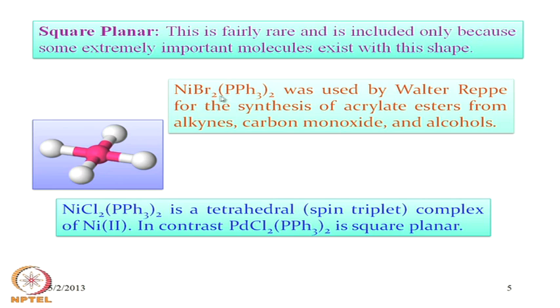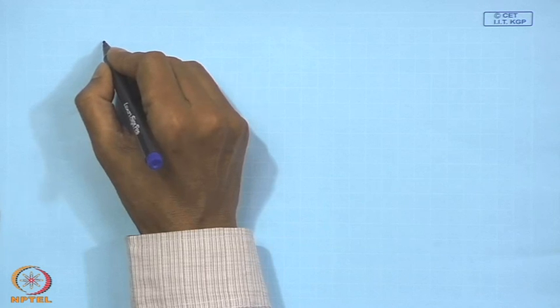So, like this NiBr2 phosphine 2, this NiCl2 phosphine 2 is also tetrahedral in structure, and this spin triplet state we will discuss afterwards, how we get the corresponding spin triplet arrangement, which is related to the geometry.